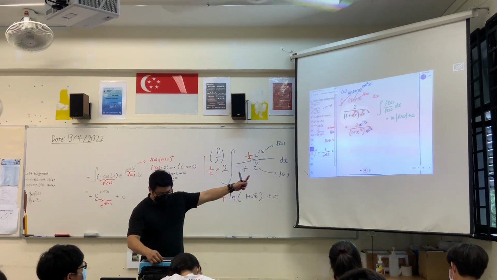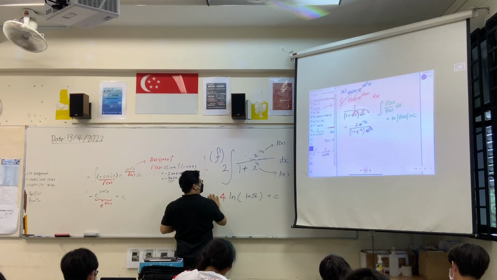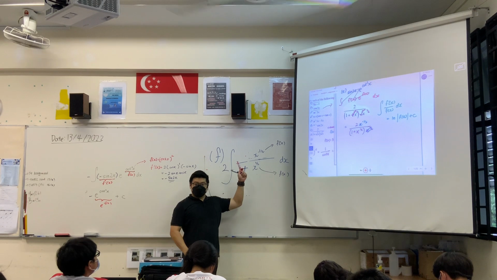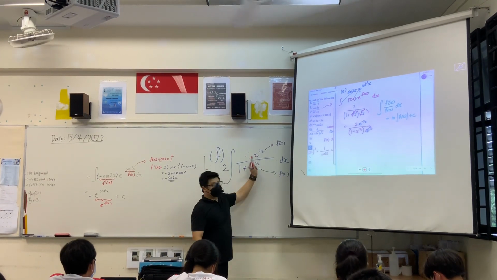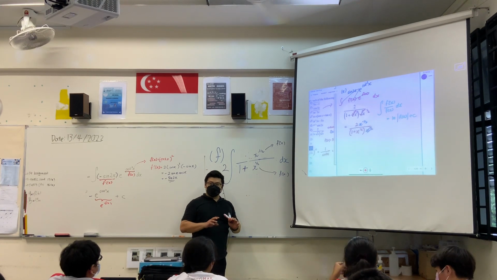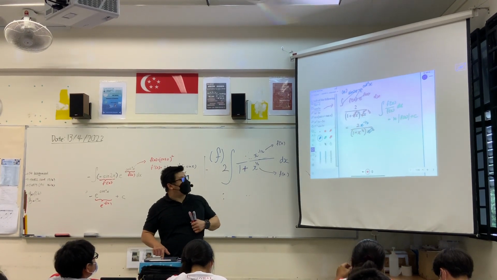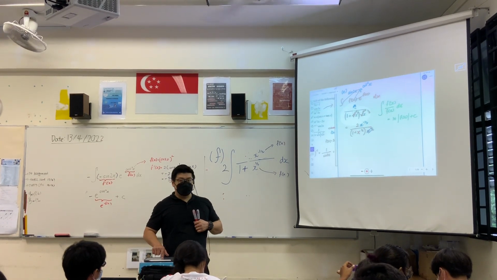So from here, I'm going to jump to here. Can you see that this is what I have now? I put the 2 outside. This one I brought on top. Now it's here.